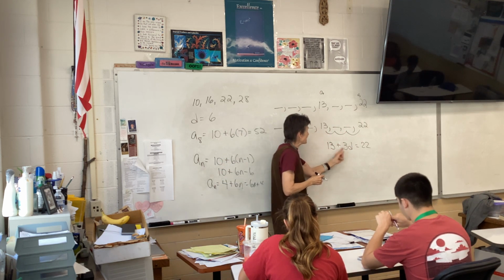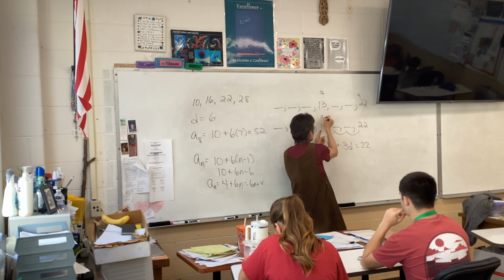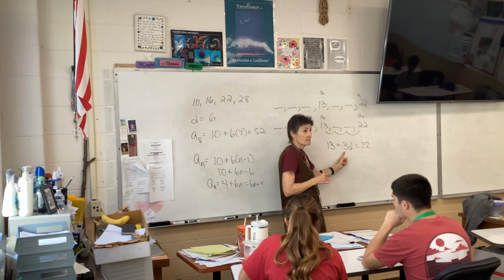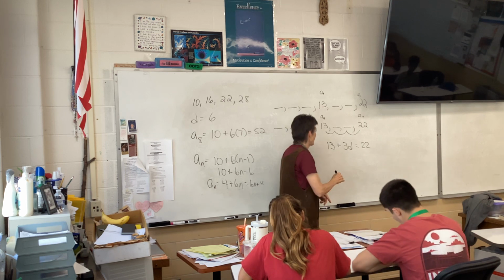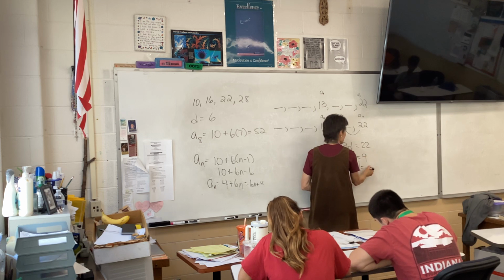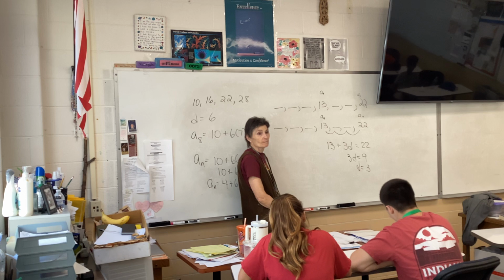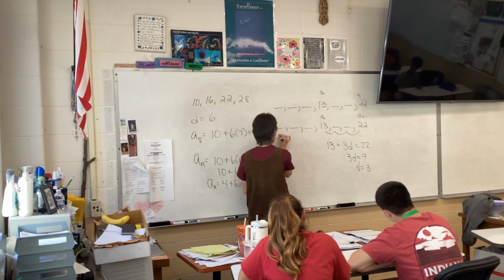Now, even if I didn't have my picture up here counting, remember, this was the 4th term and this was the 7th term. Aren't there 3 in between there? So that's where that 3 came from. All right, so let's solve it. So 3D equals 9. It looks like D is actually 3. Now, this is the 1st term.